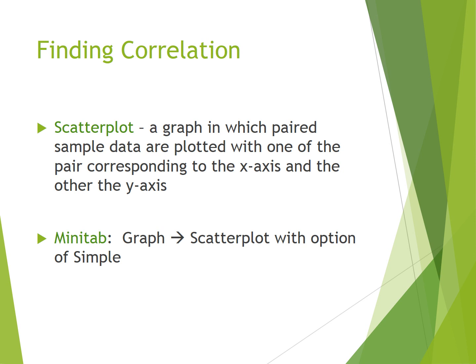The most common pattern we're looking for is a linear pattern, or data that approximates a line. But there are also other relationships. There are parabolic relationships where the data takes on the shape of a parabola. Remember, that looks like a U or a U upside down.